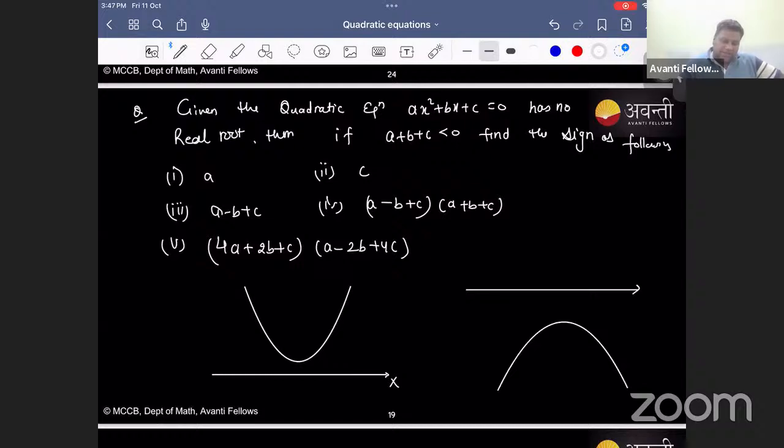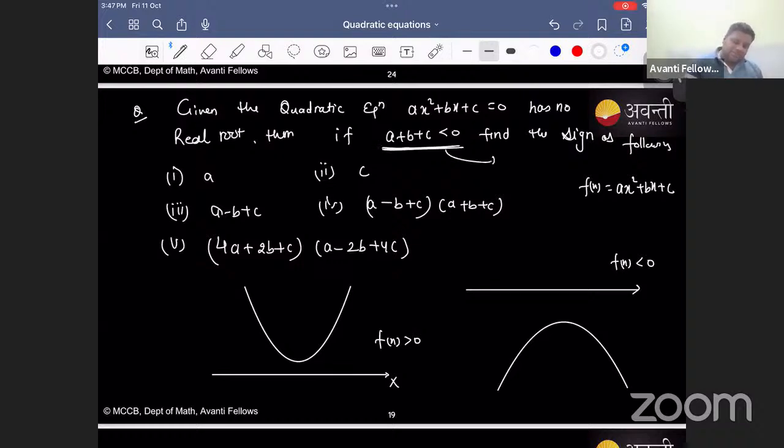Then a plus b plus c is less than 0. Now see, I assume this f(x) as ax square plus bx plus c. So value of f(x) is always less than 0 here. And here value of f(x) is always greater than 0. Yes or no?